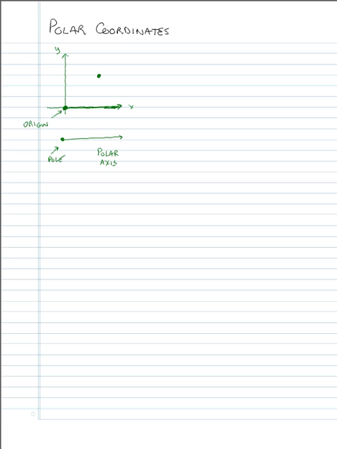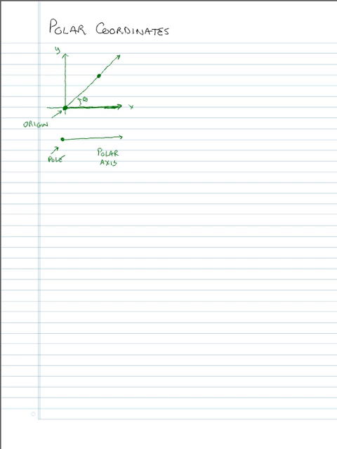We have a point that is in the plane. I'm showing it in the first quadrant just as a matter of convenience. If we draw the ray that goes from the origin or the pole through that point, that forms an angle, and we call that angle theta.